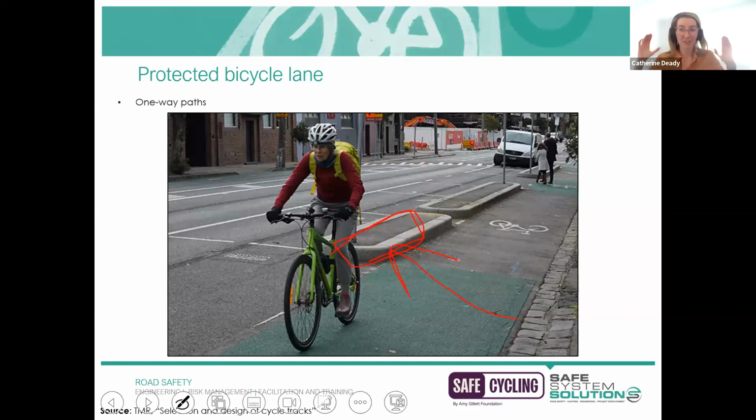And I guess just for other users using the protected bicycle lane, Max, so e-scooters and I guess Uber motorcyclists. Yeah, I mean, we certainly see it in Melbourne. Absolutely.